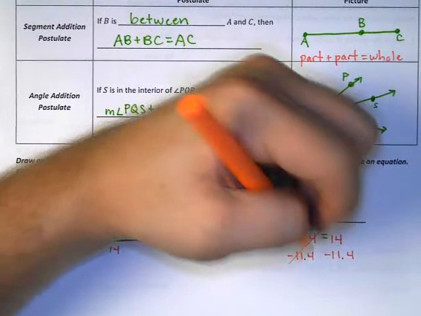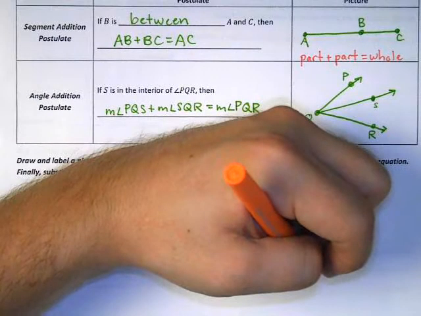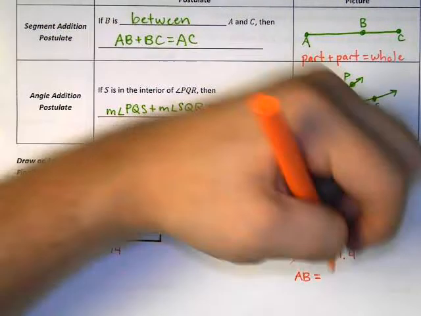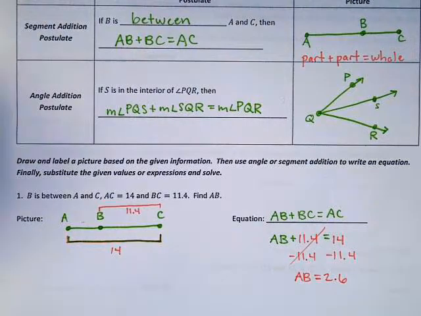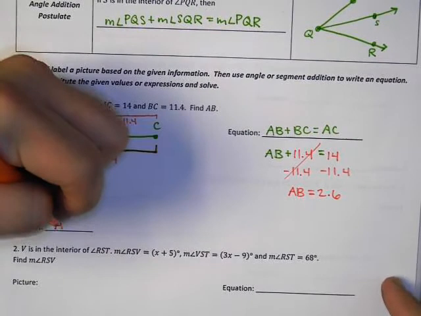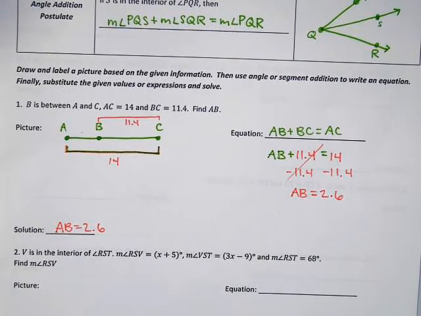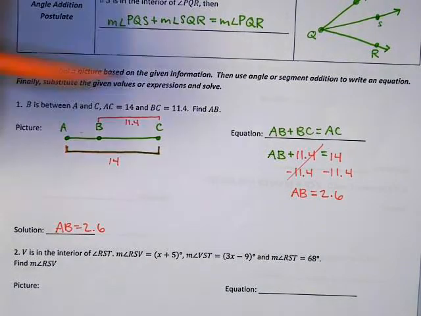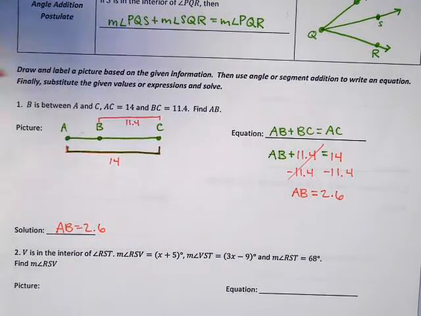And with some quick math, I get that AB is 2.6. All we have to do is come down to the solution and write AB is equal to 2.6. Not that bad, right? All we're doing is using the same thing that you've been doing, but now we're putting some numbers in.